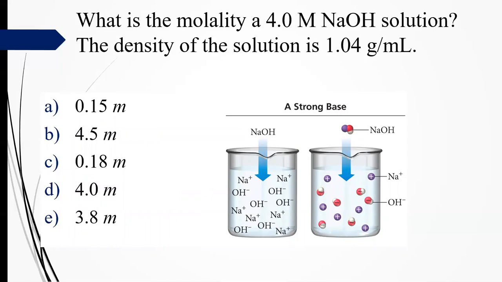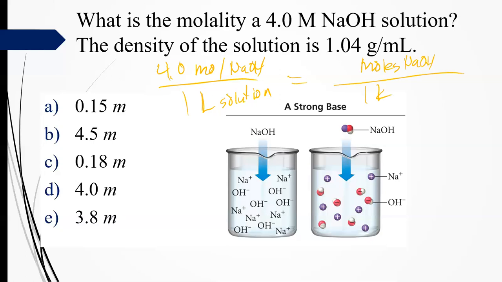So a 4.0 molar NaOH solution, we would like to figure out its molality. Now we know that its density is 1.04 grams per milliliter, and so we're trying to make that transition. We know that there's 4.0 moles of NaOH inside of 1 liter of solution. We know that our molality is going to be the moles of NaOH, but we want 1 kilogram of our solvent.